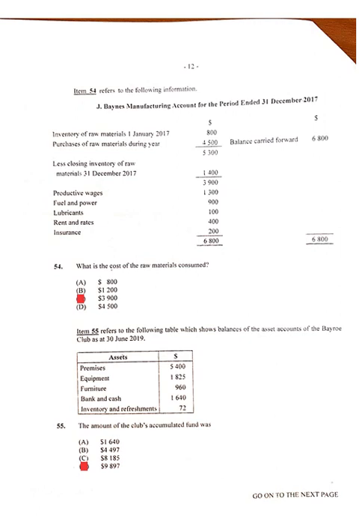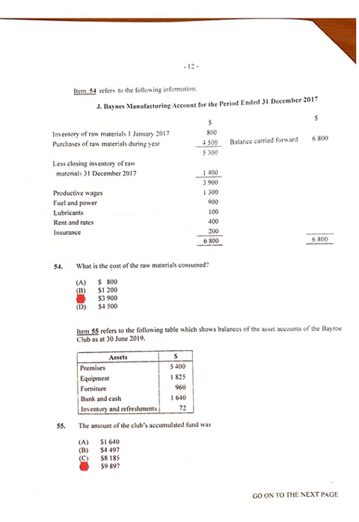So here we have a manufacturing account giving us information, and 54, what is the cost of the raw material consumed? That is inventory of raw material on the 1st of January plus purchase of raw material during the year. Then it's a total of 53,000. From that we subtract the closing inventory of raw material of 1,500. So the answer is 3,900, which is C for number 54.